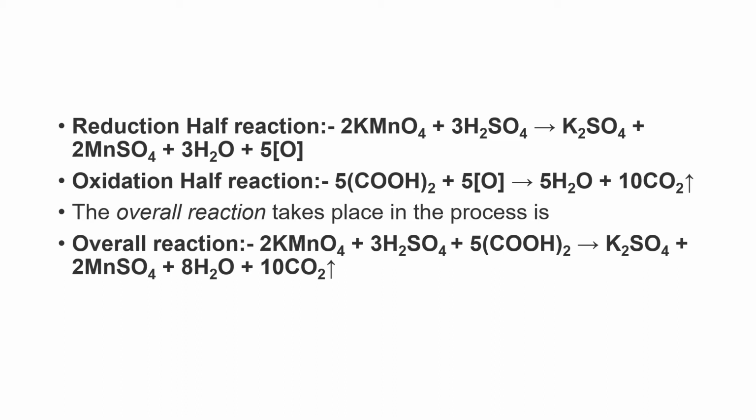In the oxidation half reaction, 5 moles of oxalic acid consume 5 nascent oxygens which are produced by potassium permanganate, giving 5 moles of water and 10 moles of carbon dioxide.